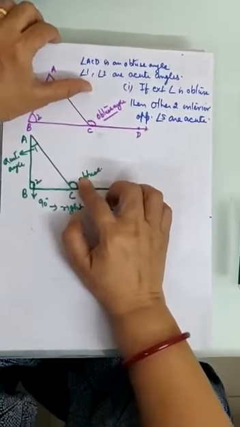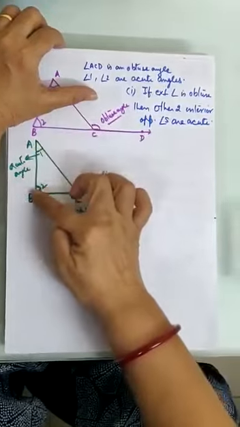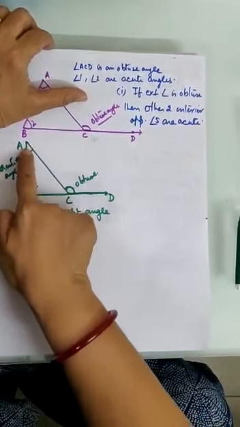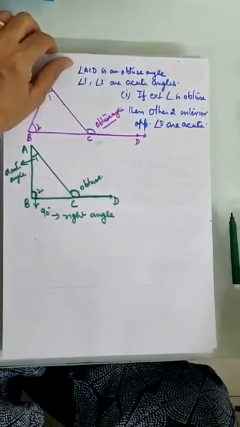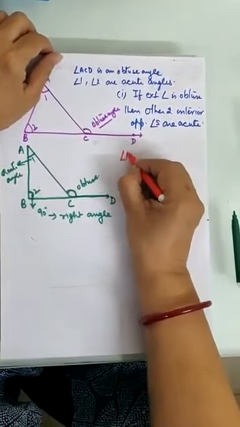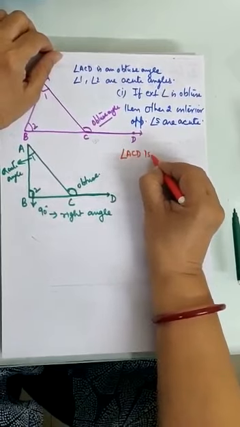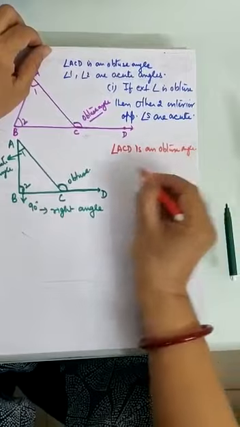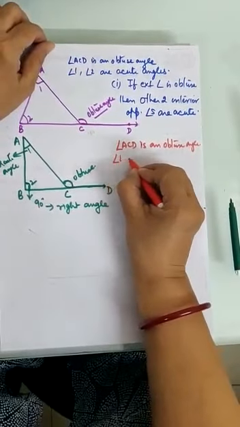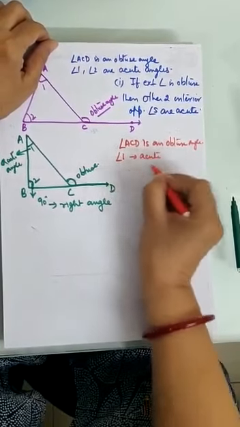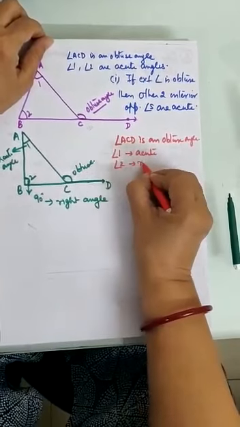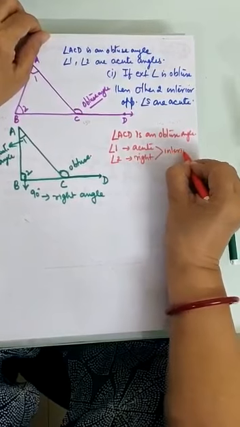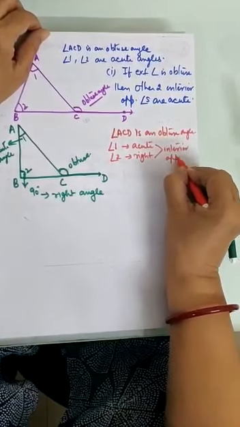Okay, so what do we observe here? When the exterior angle is an obtuse angle, of the two interior opposite angles, one is a right angle and the other is an acute angle. So we write here angle ACD is an obtuse angle, angle 1 is acute, angle 2 is right. Both are what? Interior opposite angles.